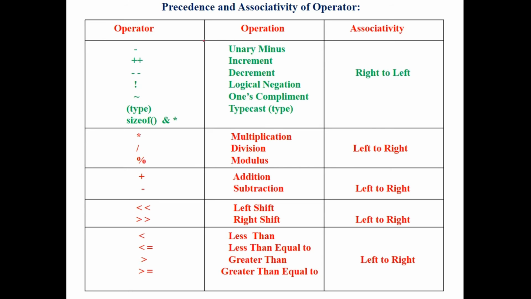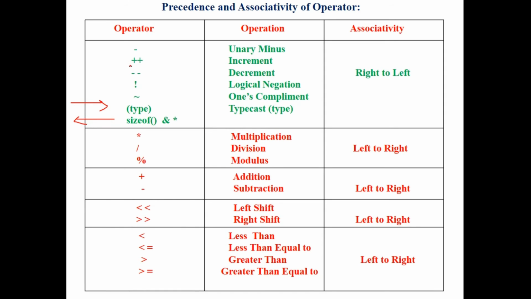So these are the different operators we have seen, and this is their precedence and associativity. Associativity means there are generally two kinds of associativity for any operator: whether for performing the operation you are going from left to right or calculating from right to left.